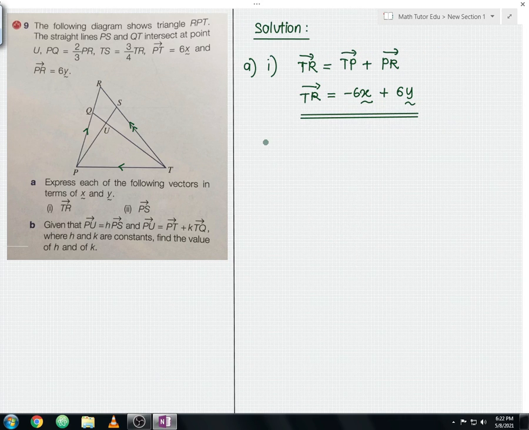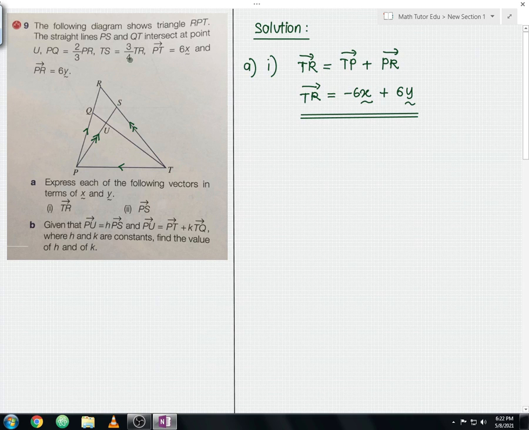Let us proceed to question A, part 2, where we need to express vector PS in terms of component x and component y. So this is the direction of the vector PS. Let me label it. To find the vector PS, I'm going to perform the addition of vector PT plus vector TS. We don't know exactly the vector TS.